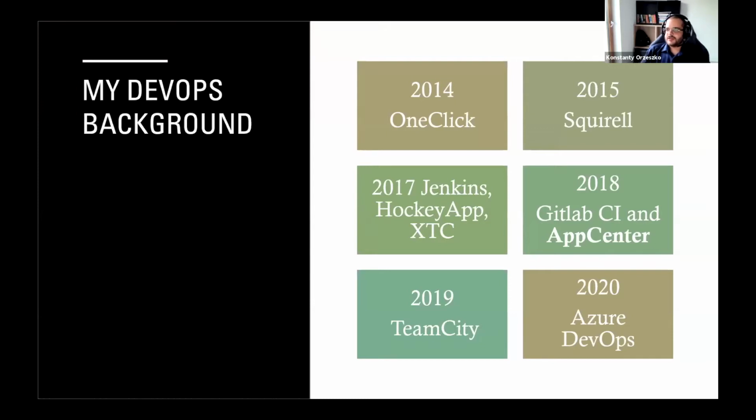We also added some Xamarin Test Cloud to find those quirky devices with strange exceptions. And we built the app actually on the Jenkins on premises in our company.